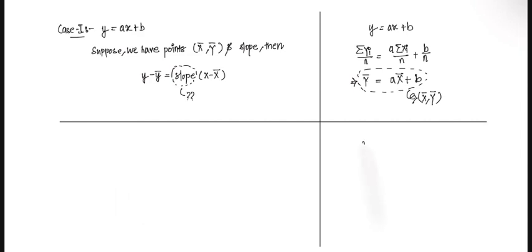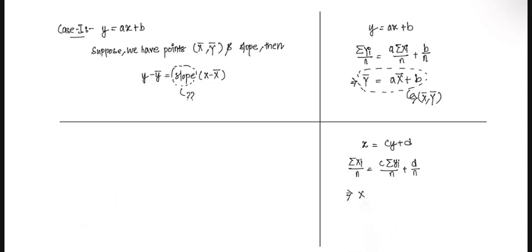So taking x as dependent and y as independent, x equals cy plus d. Taking the sum and dividing by n on both sides, we get sum of xi by n equal to c, constant taken out, sum of yi by n, plus d.